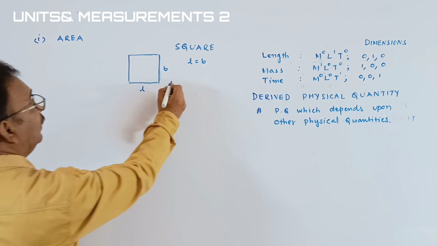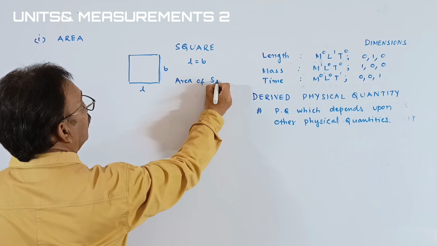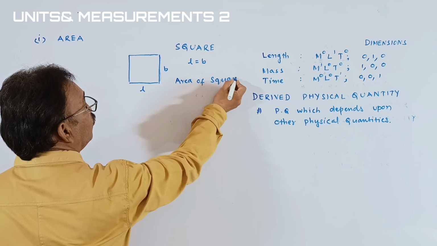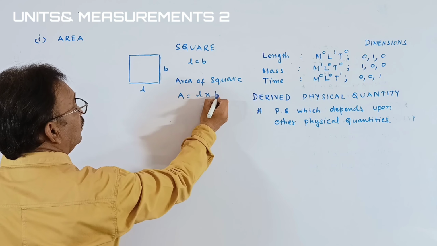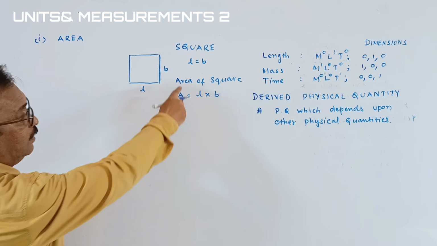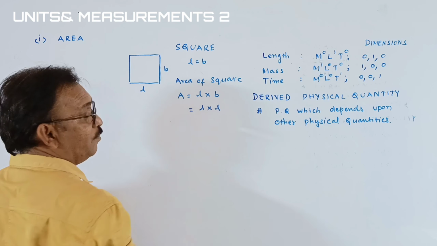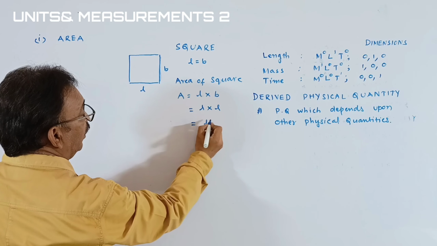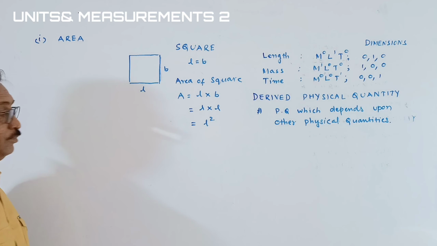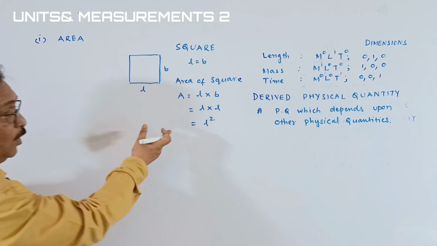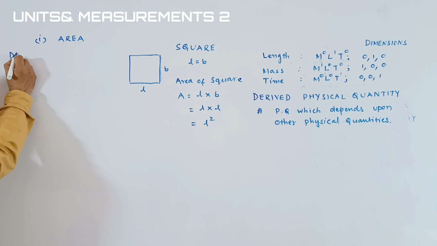And we can write the area of a square, A is equal to length into breadth. Okay, students. Here I said length is equal to breadth. Then it can be written as L into L. That is L square. Okay, students. No mass is involved in it. No time is involved in it. Only length is involved. Now we are writing the dimensional formula.